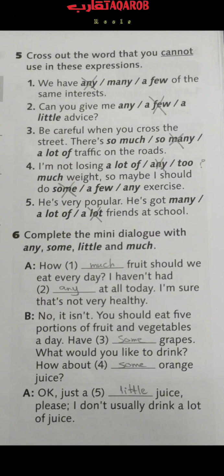Number 4, I'm not losing a lot of, any, too much weight. So maybe I should do some, a few, any exercise. Not losing a lot of, too much weight. Why can we not use any here?